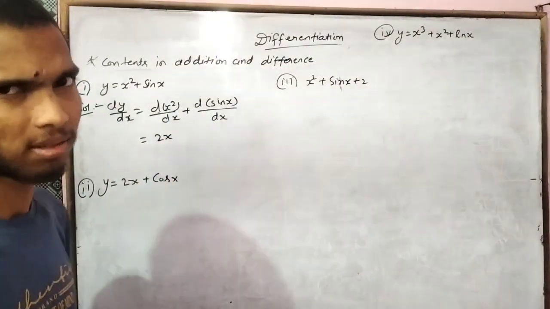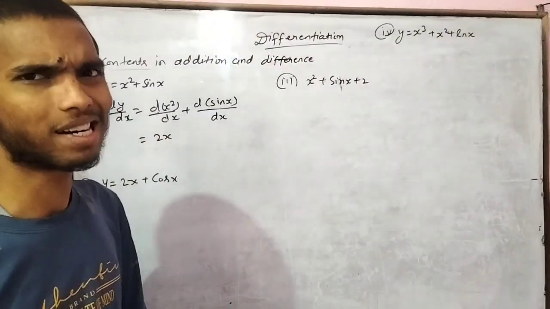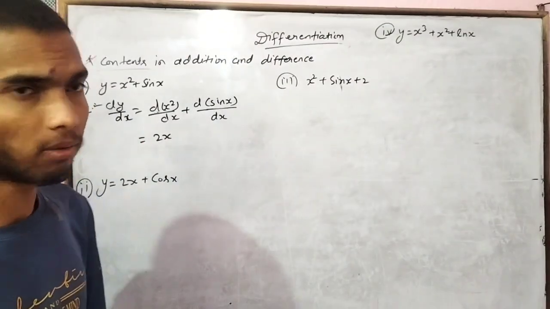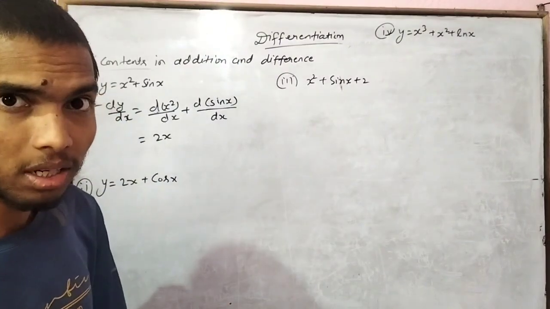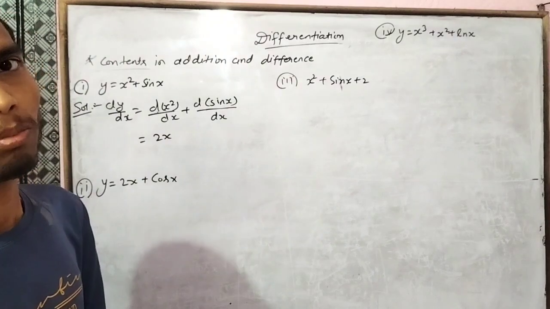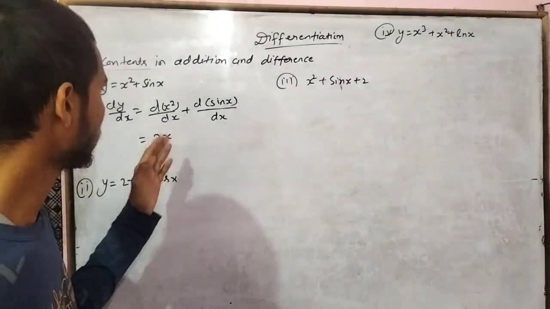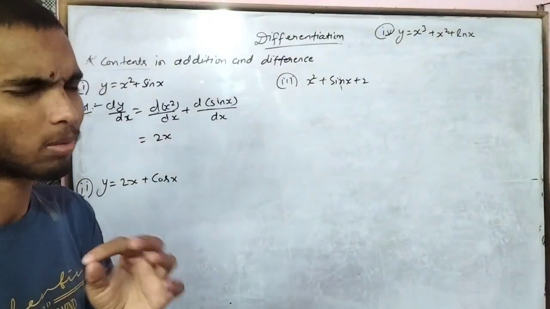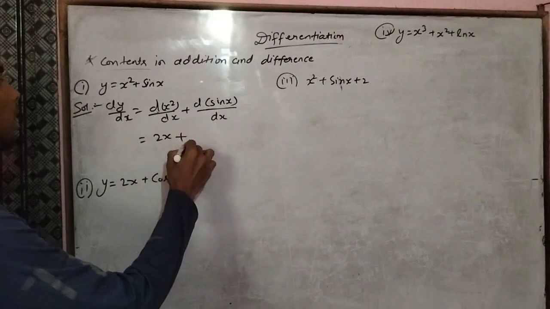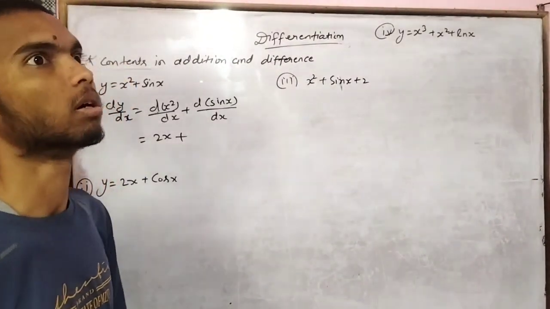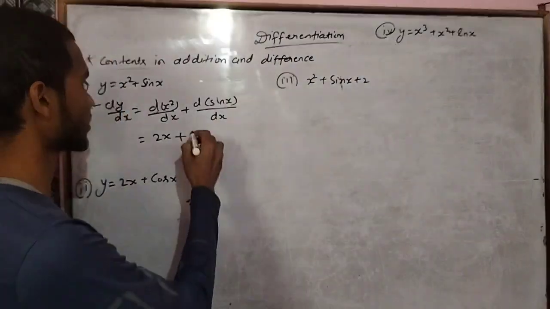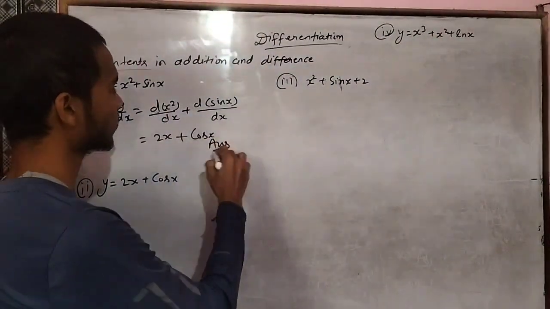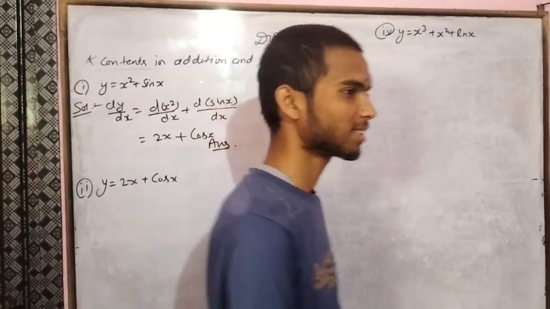So can we write 2x? Of course. We write the exponent 2 at first place, then x, then we subtract 1 from the given exponent, which is 1. Here you are not seeing the 1 because 1 is hidden. Now, the derivative of sin x is cos x. This is the final answer. Is it too easy? Of course.